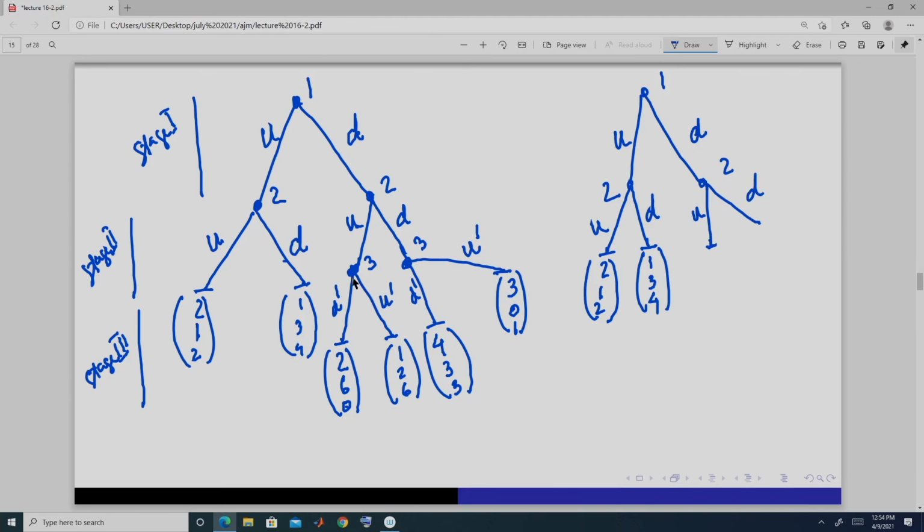So here if player 1 chooses D and player 2 chooses U, player 3 is always going to choose U dash because 6 is greater than 0. So here it is 1 2 6.